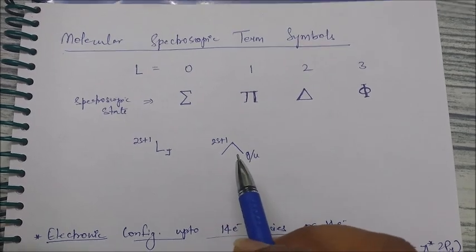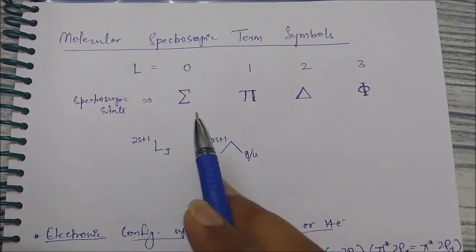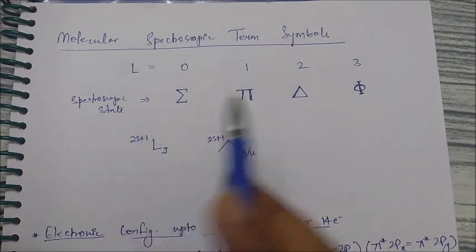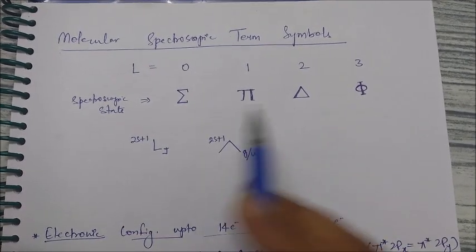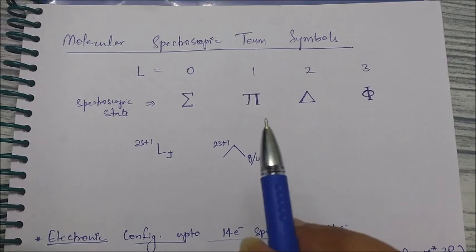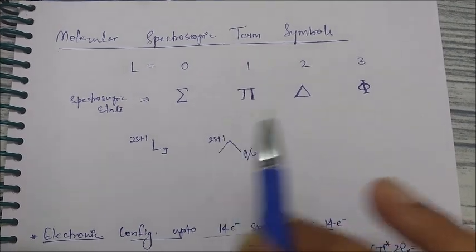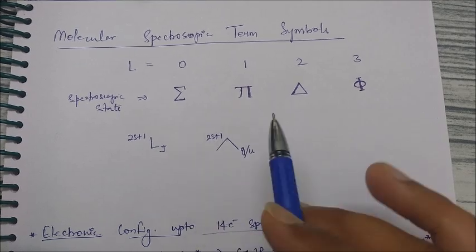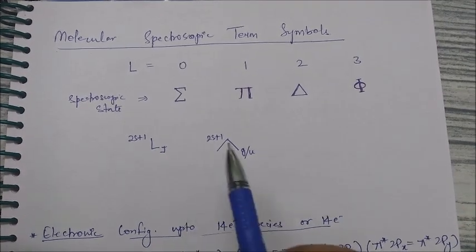This topic, the molecular spectroscopic term symbol, and the previous one, the atomic term symbol: if you prepare both of these topics, then one question is confirmed. You are going to do one question very easily, either of 4 marks or 2 marks, minimum 2 marks you are going to get. So it is very important.